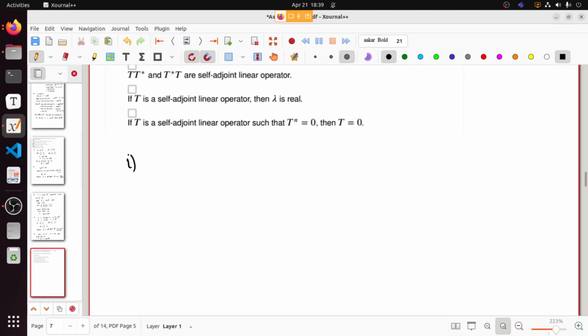So this is the first option. Given that T is self-adjoint, it is done in the class that every self-adjoint matrix is diagonalizable, right?